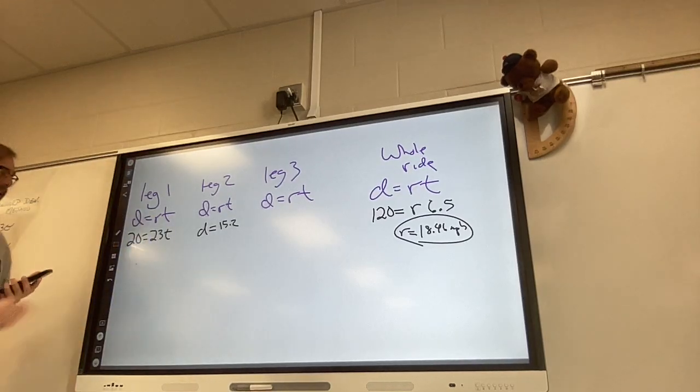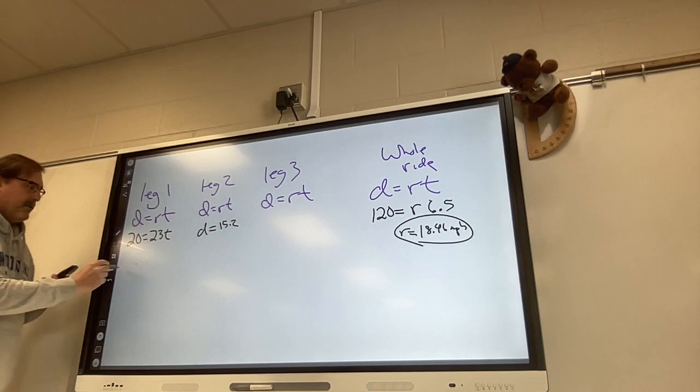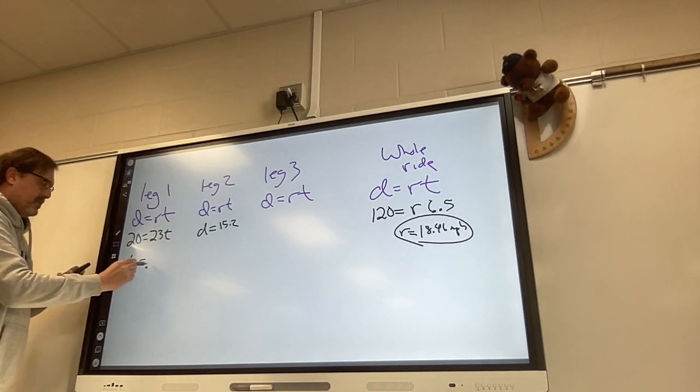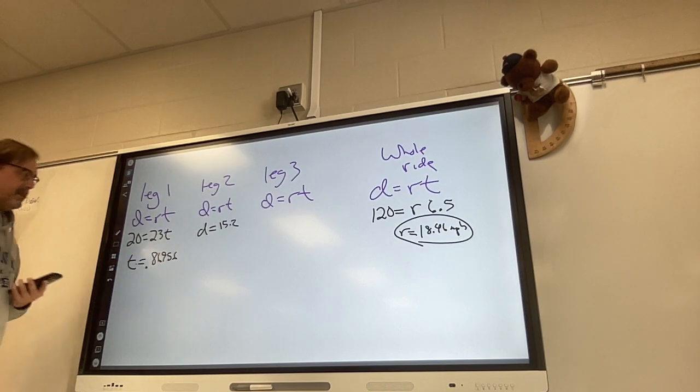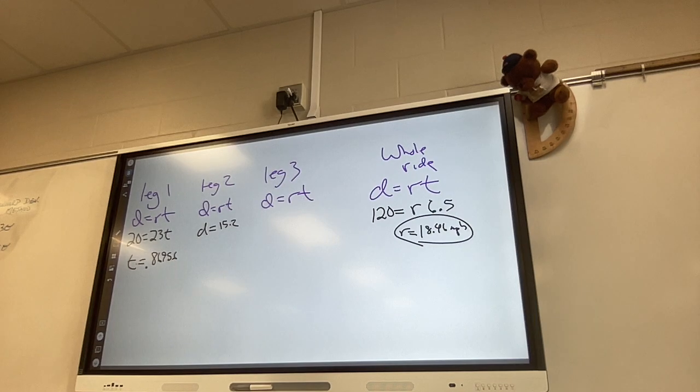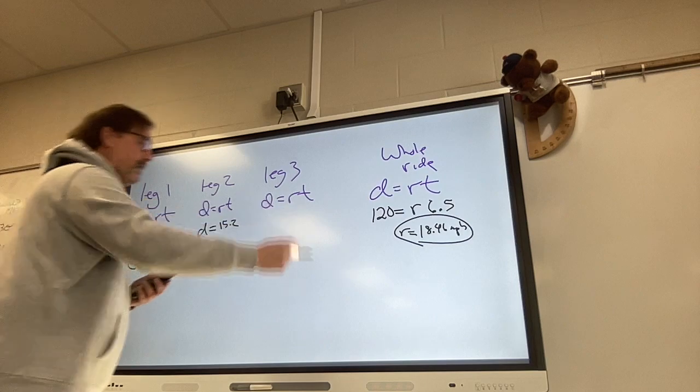Let's look at the first leg. How long did it take? Divide both sides by 23. The time equals 0.86956. How many hours is this getting done in? It says 6.5 hours.